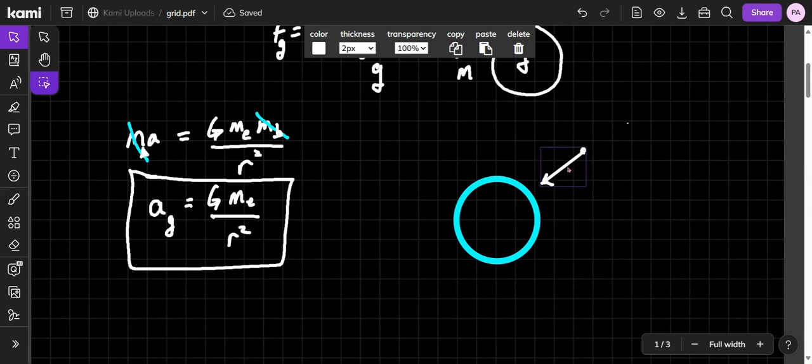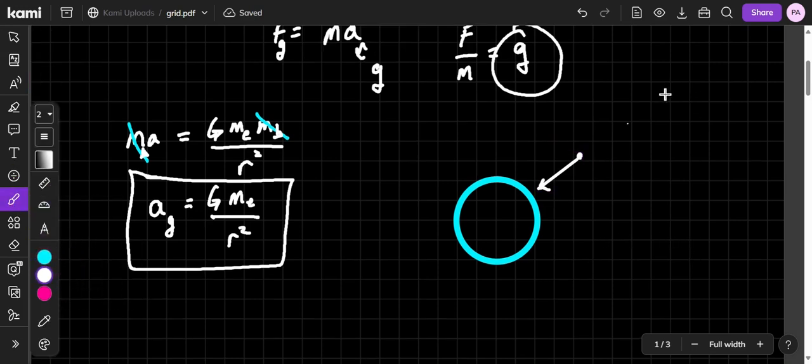So let's say this point is here, and let's draw another one that's further away, out here, right? This arrow would be shorter, right? Okay, and if we have them right next to the Earth, it's going to be quite a bit longer, yeah?